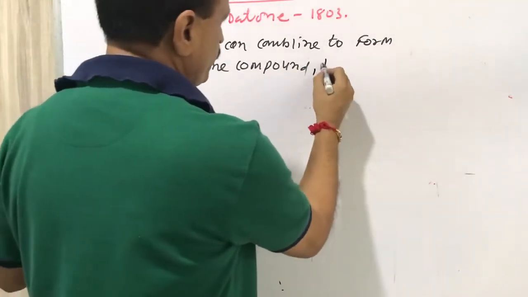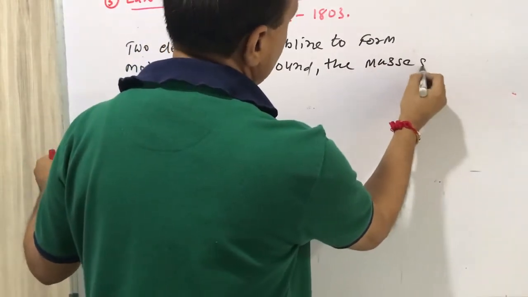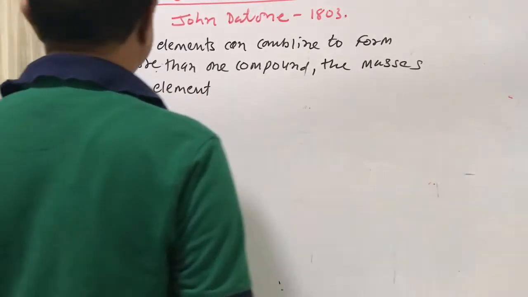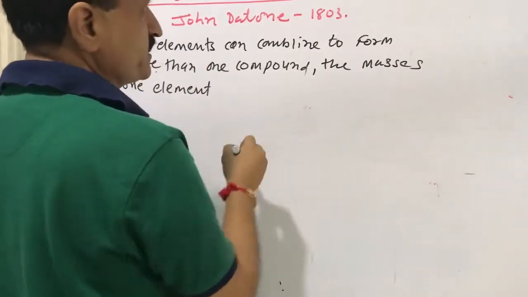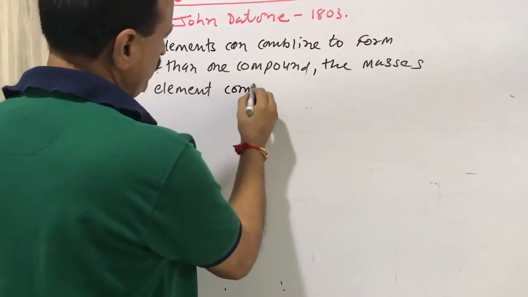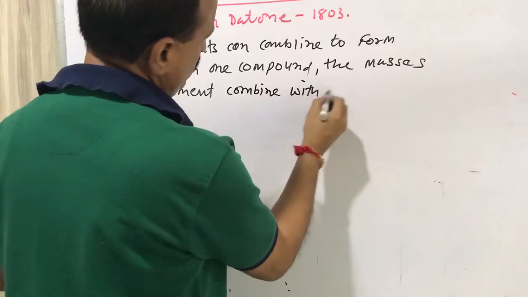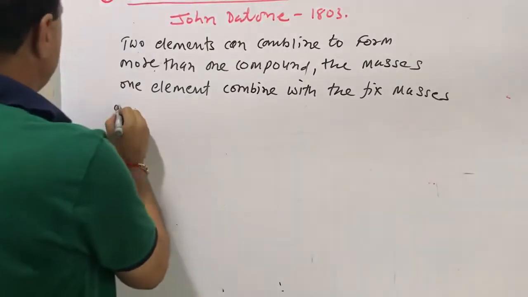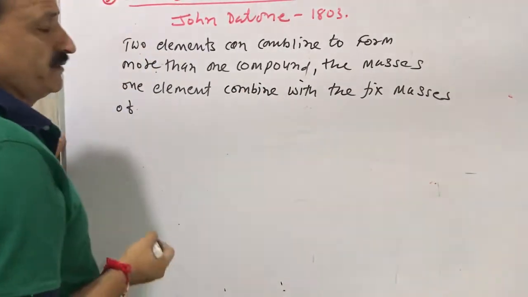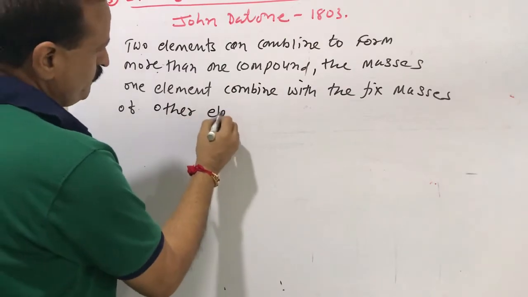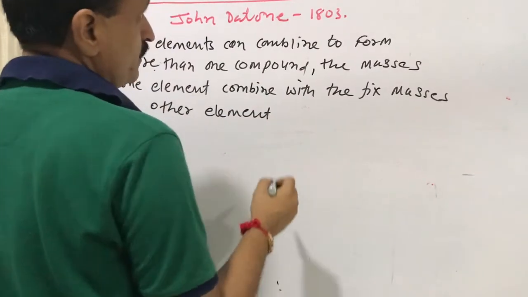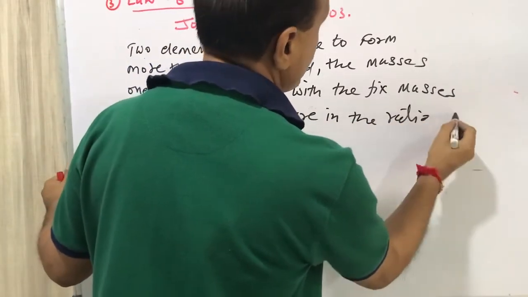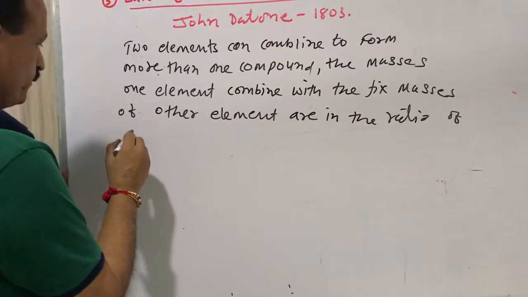The masses of one element combined with the fixed masses of the other element are in the ratio of small whole numbers.